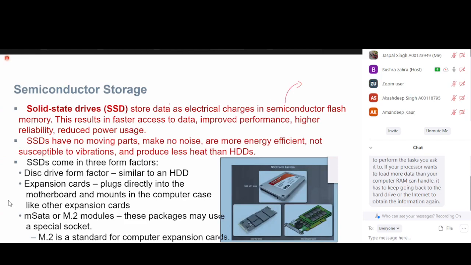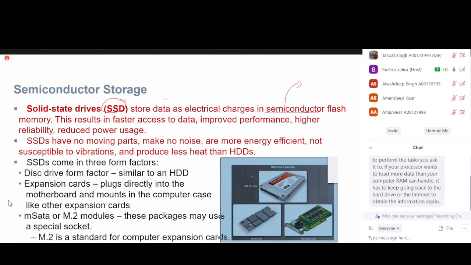When we say solid state, it means it's all related to semiconductor devices, which are transistors and a variety of devices. I don't need to address them at this point. They give faster access to data and improved performance, high reliability, and reduced power usage.